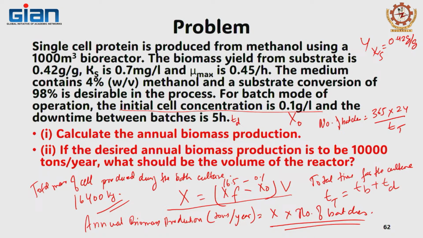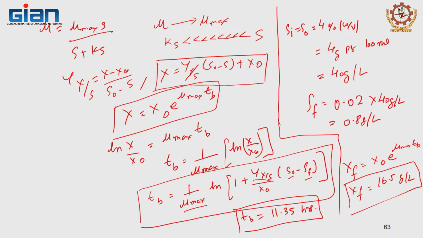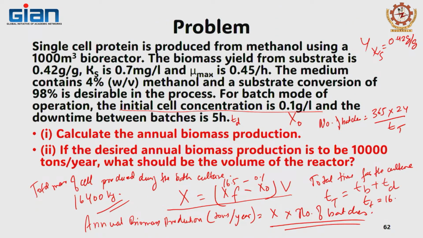What is the downtime? It is 5 hours, right. So, your total time is 5 plus 11.35, that becomes 16.35 hours.